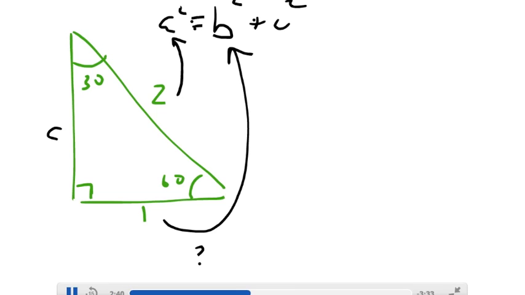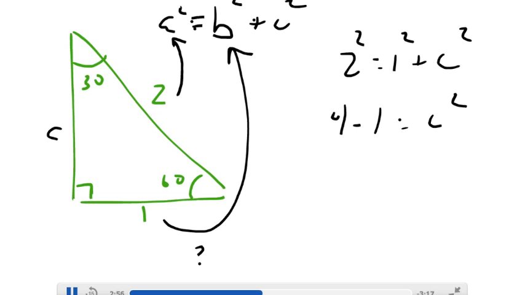Well, we can calculate that. We've got 2 squared is 1 squared plus c squared. So that's 4 minus 1 is c squared. So c squared is 3. C squared is 3, so c is square root of 3.